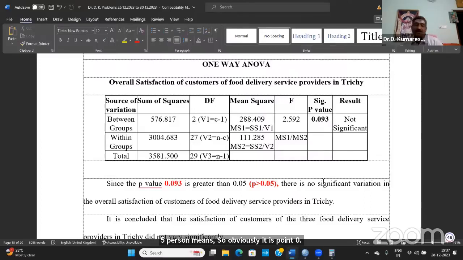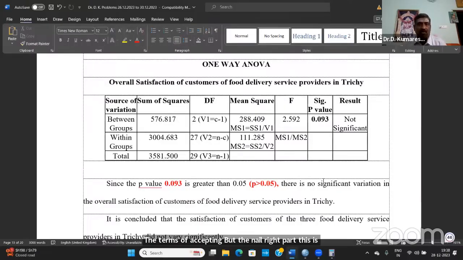Probability value is greater than 0.05 means the chance of accepting the null hypothesis is more. If the P value is more than 0.05, the chance of accepting the null hypothesis is more.